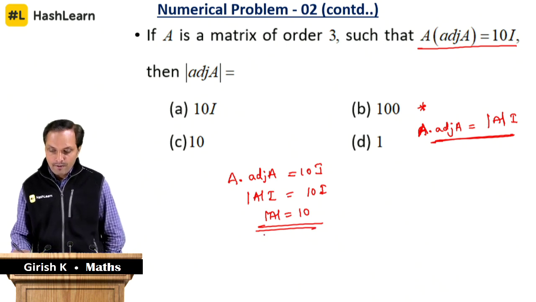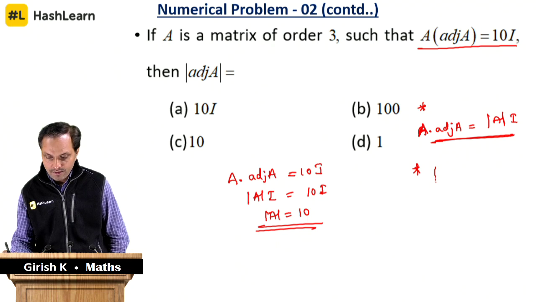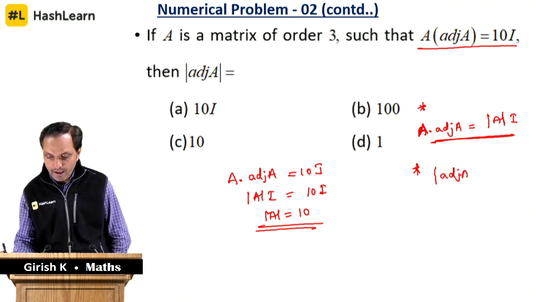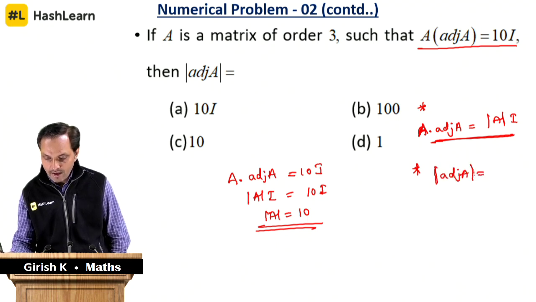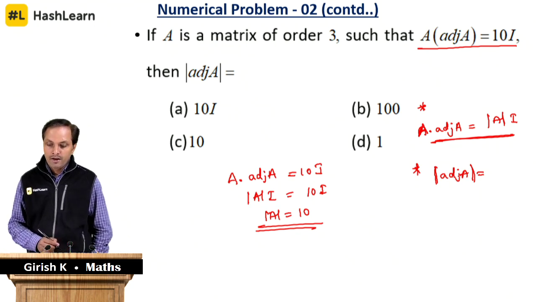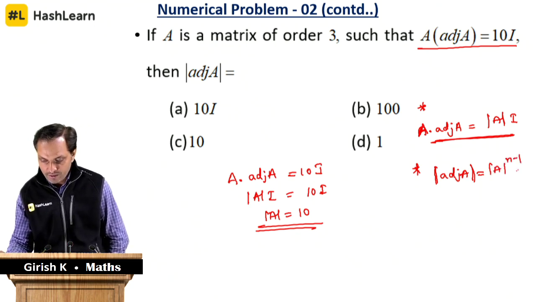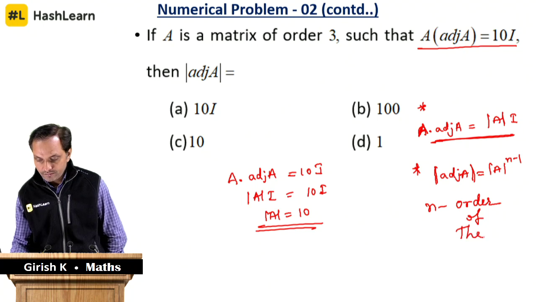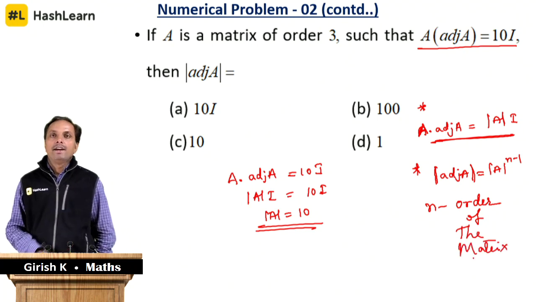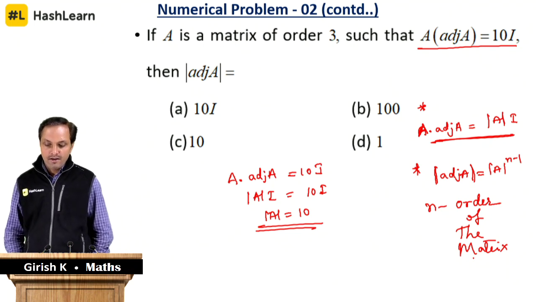Okay. And apart from this, you should know this result also. Determinant of adjoint A is determinant of A whole power n minus 1, where n is the order of the matrix.